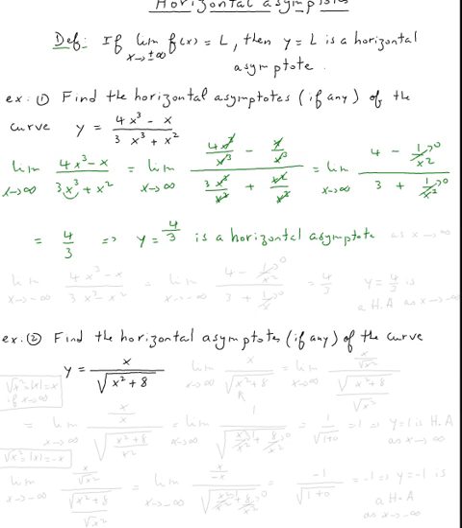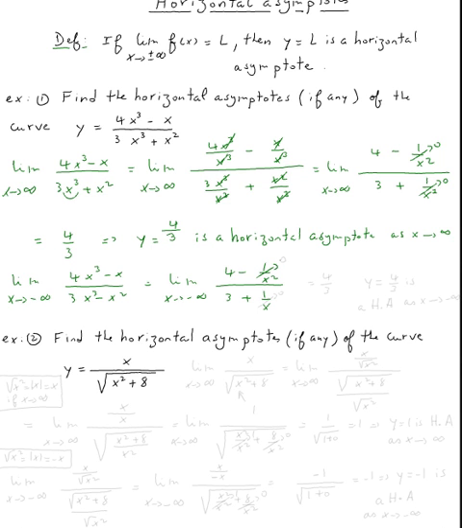That was as x goes to infinity. Now let's see if we have a horizontal asymptote as x approaches negative infinity, and you can tell the limit will be the same. So instead of wasting time, the limit as x approaches negative infinity of 4x cubed minus x over 3x cubed plus x squared. Everything will be the same. If we divide both by x cubed, we get the limit of 4 minus 1 over x squared over 3 plus 1 over x as x approaches negative infinity.